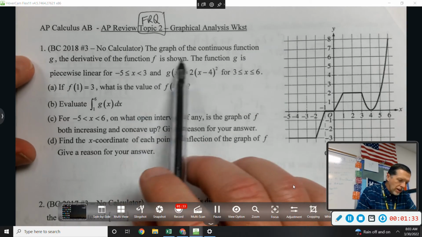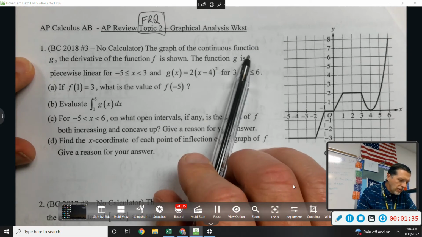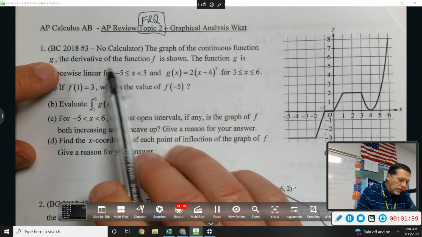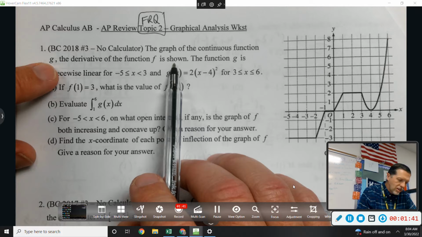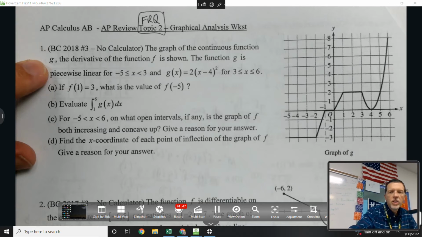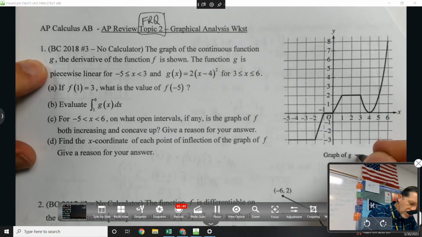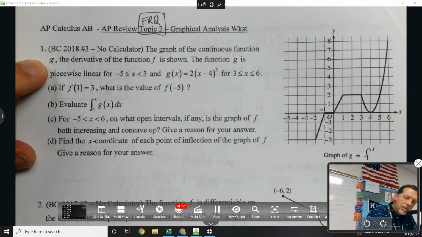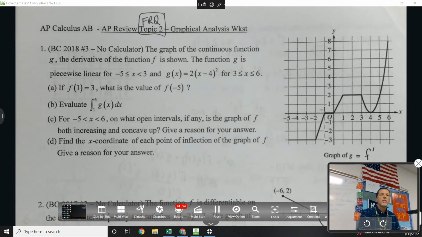All right, number 1. The graph of the continuous function g, the derivative of function f, is shown. Well, that's kind of a weird way to say that. So this is g that's shown, but g is the derivative of f. So we're going to need to be real careful here.